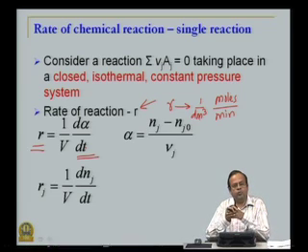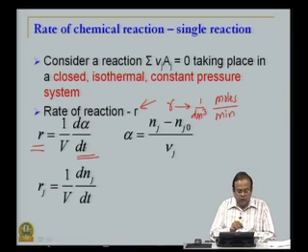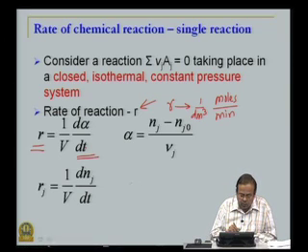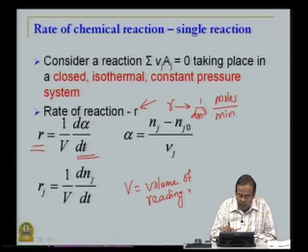Now, I mentioned a few minutes back about heterogeneous reactions and homogeneous reactions. If a reaction is homogeneous, then this V that we are talking about is the volume of the reacting mixture, not the reactor. There is a distinction to be made here.